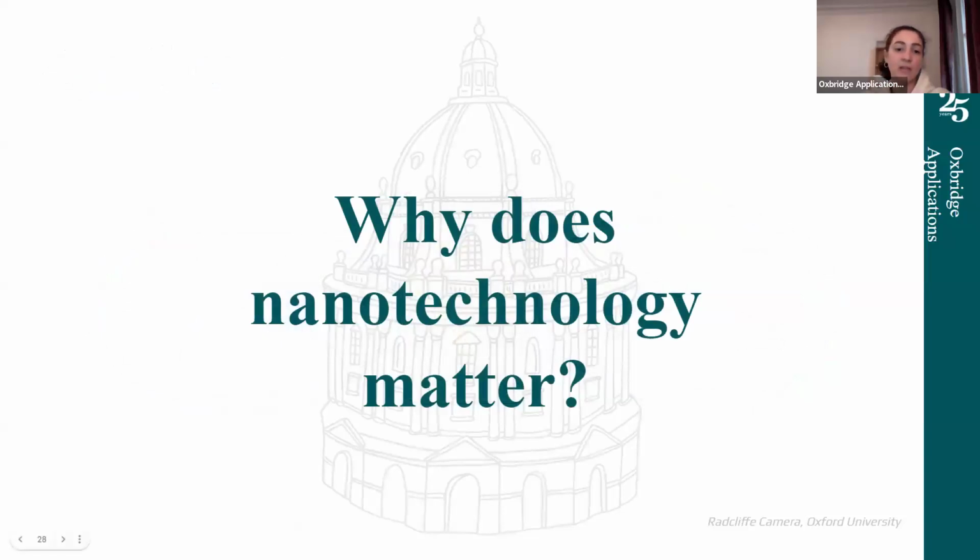So why does nanotechnology actually matter and why do we care about it? So unusual physical, chemical, and biological properties can emerge in materials at the nanoscale. These properties may differ in quite important ways from the properties of bulk materials.